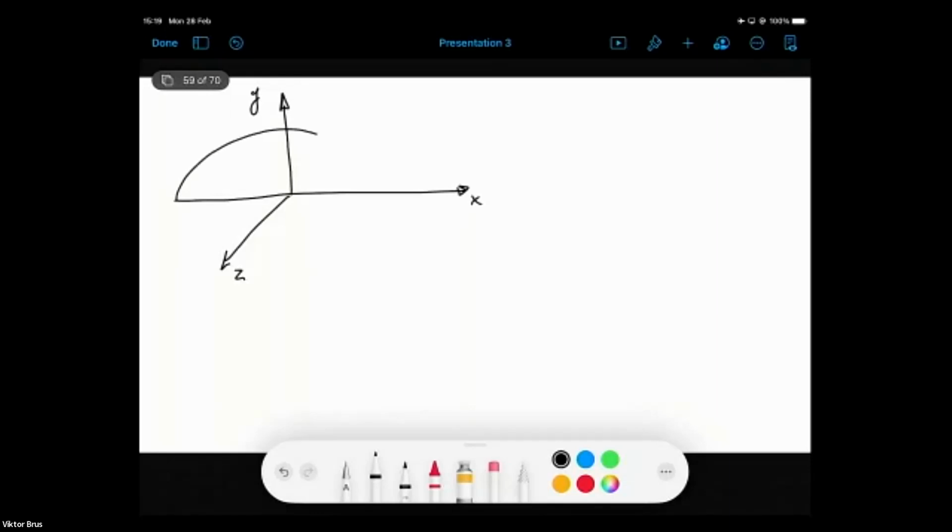One conductor is in the shape of a semicircle, and another conductor, let me make it colorful, will be a straight line.